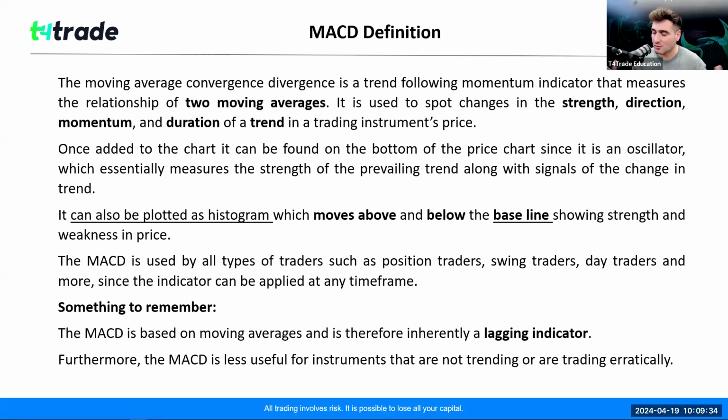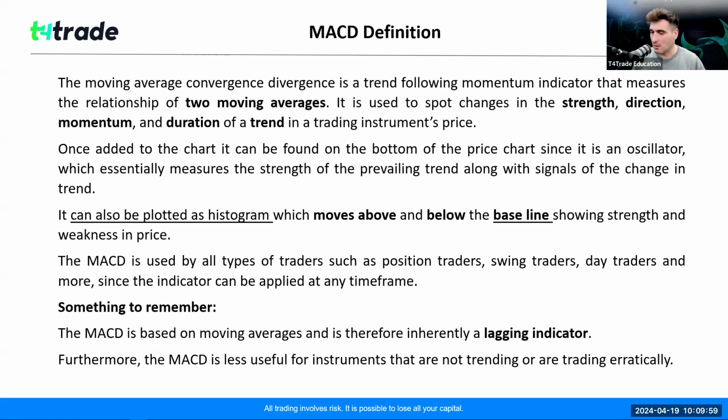It outlays that duration. Okay, and all these are important factors that we do need to take into consideration when we apply the MACD on our charts. It's not merely about identifying the current trend. It also gives us other valuable aspects, which are the strength, momentum, but also the duration. Okay, so once added to the chart, it can be found on the bottom of the price action.